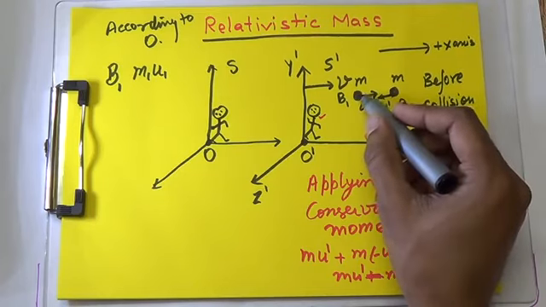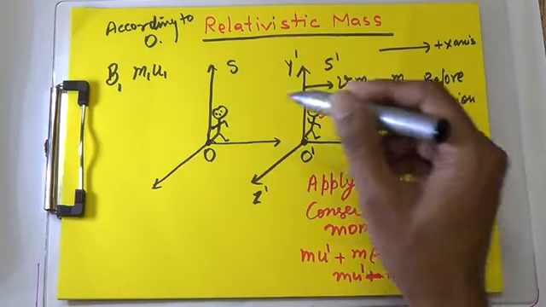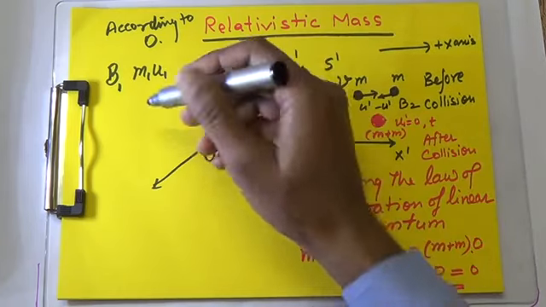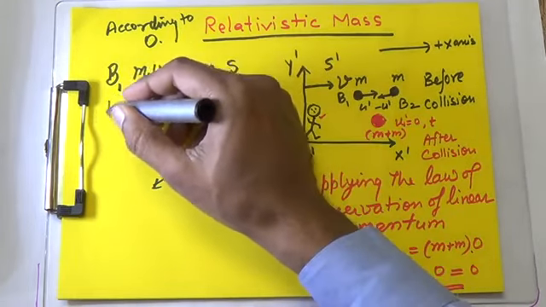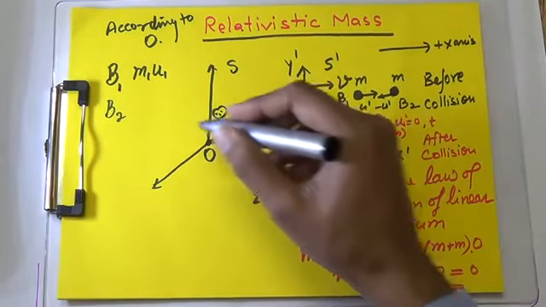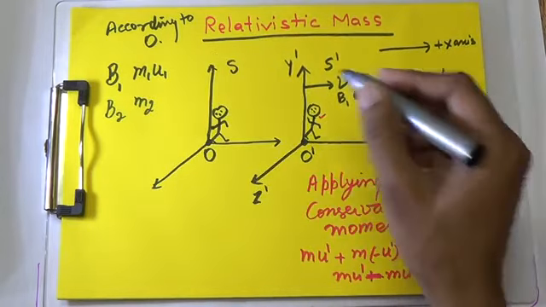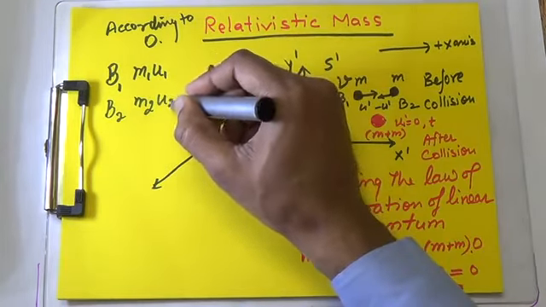So instead of this mass M, this observer O is saying M1, speed U1, and for the ball B2, for this mass he is saying M2 and speed of that is U2.